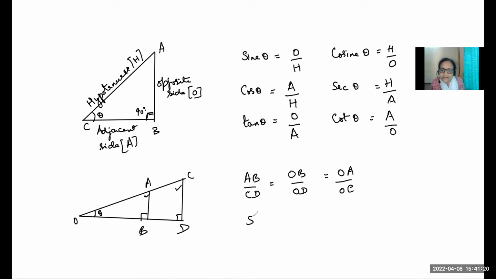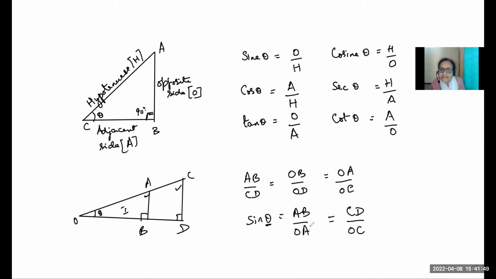Now sin theta from the first triangle AOB would be opposite side AB by OA, and from the second triangle it would be equal to CD by OC. So I could cross multiply this and get AB by OA is equal to CD by OC.